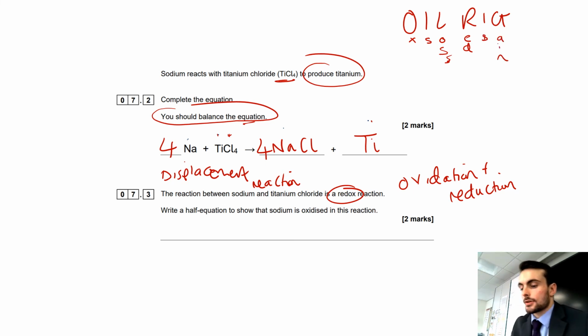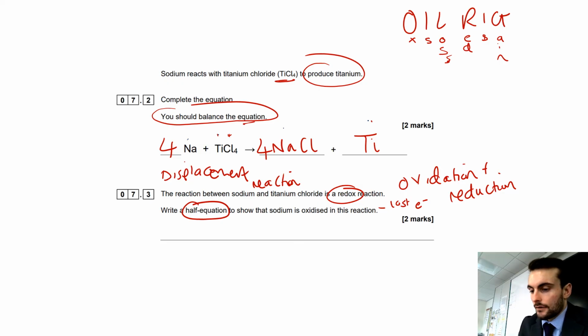Okay, so then it says write a half equation to show that sodium is oxidized in this reaction. So that means it's saying it's lost an electron. So let's have a look. So we started off, if we focus on just the sodium, because we're only worried about the sodium, we've got sodium overall.